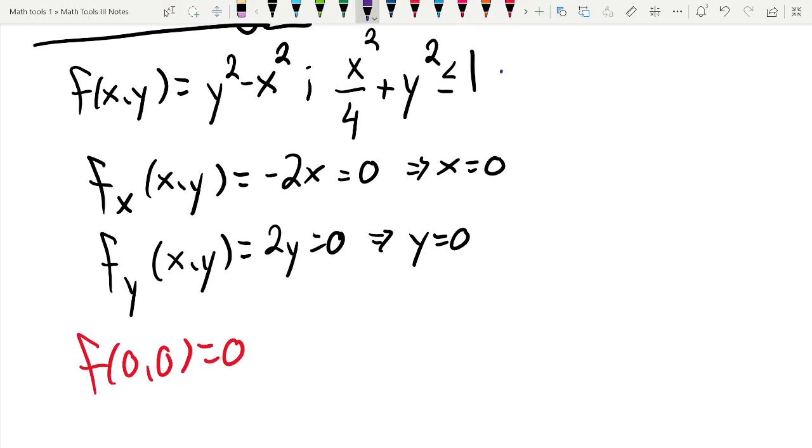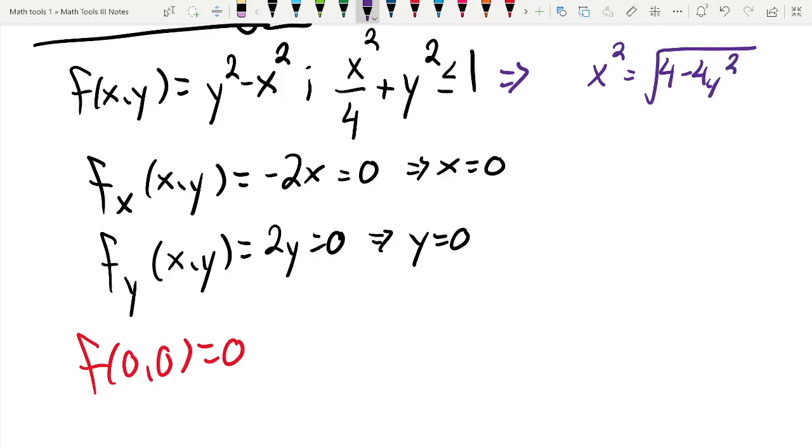So we'll go ahead and again solve this boundary. It doesn't really matter whether you do this for x or for y. It might actually be slightly easier to solve it for x, because then x is going to be equal to the square root of 4 minus 4y squared, right?